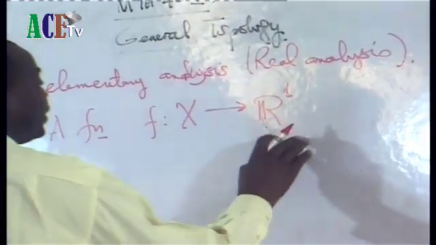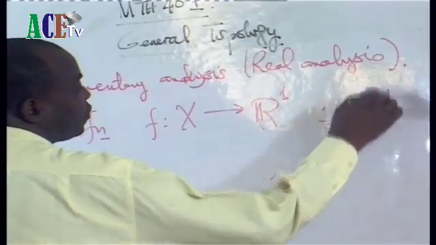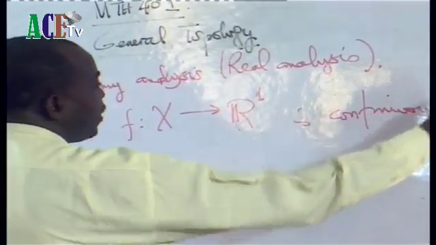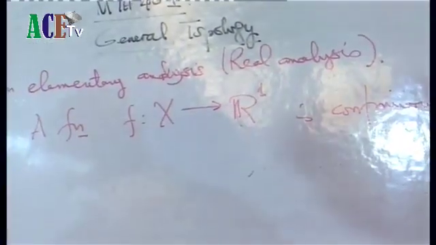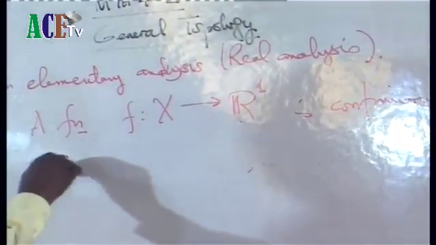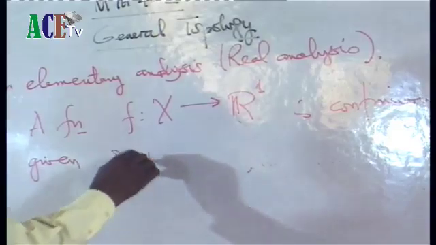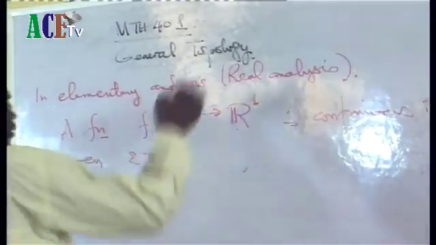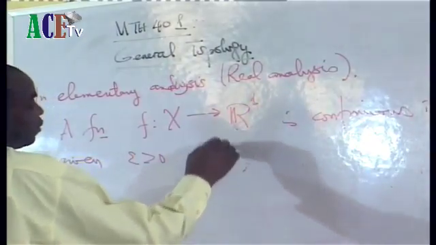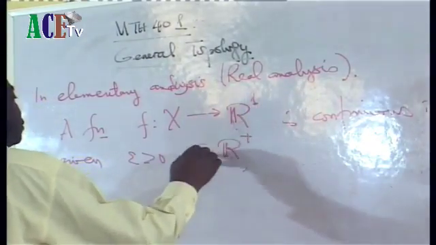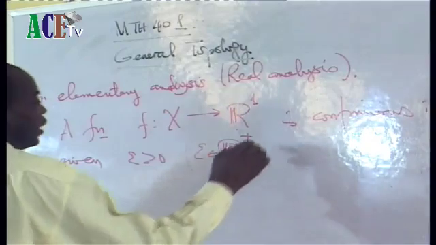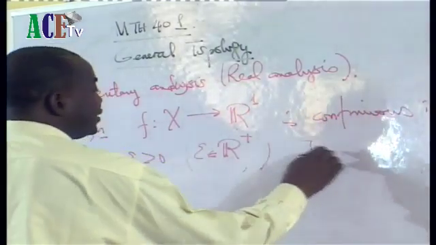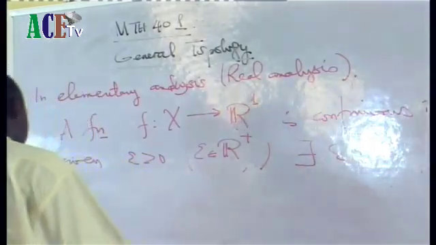So a function is continuous if and only if, given epsilon greater than 0, which sometimes we write as epsilon belonging to the positive real line, there exists a positive delta.